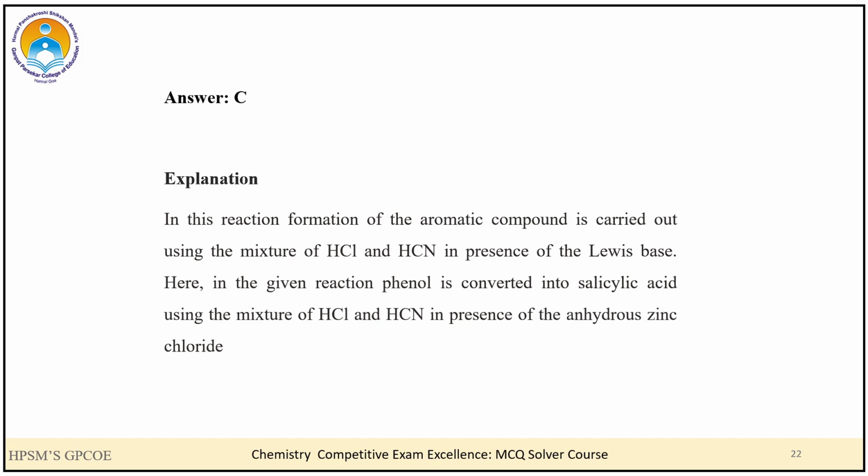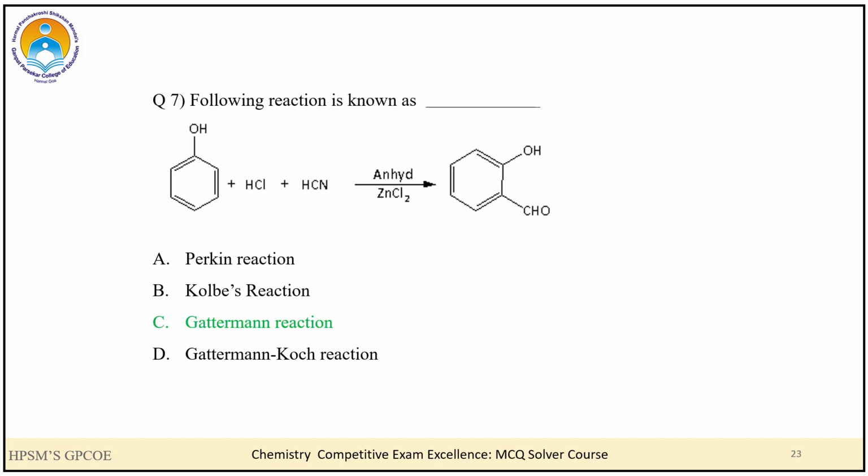So here in the given reaction, phenol is converted into salicylic acid using the mixture of HCl and HCN in presence of anhydrous zinc chloride. So the correct option will be option C, Gattermann reaction.